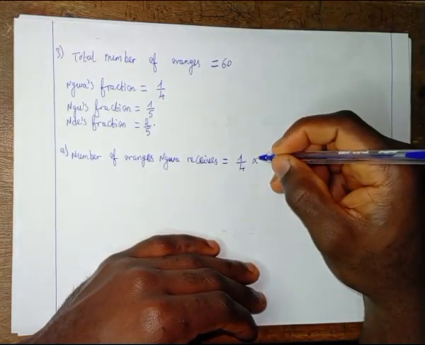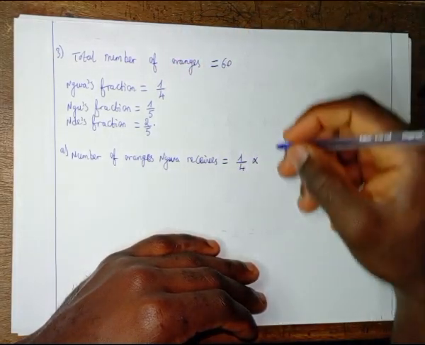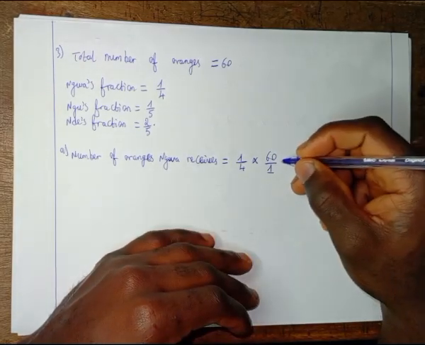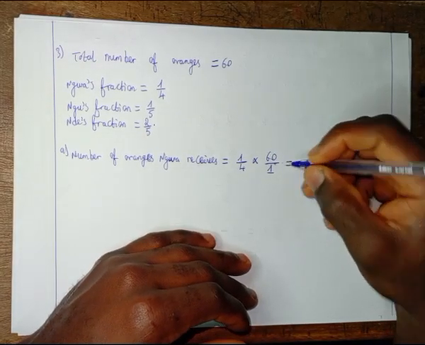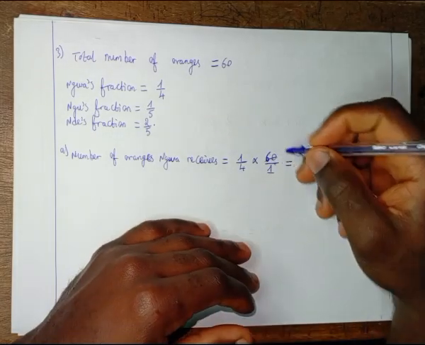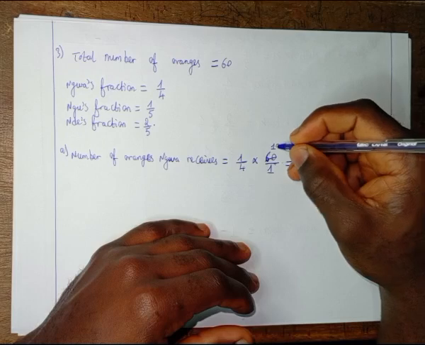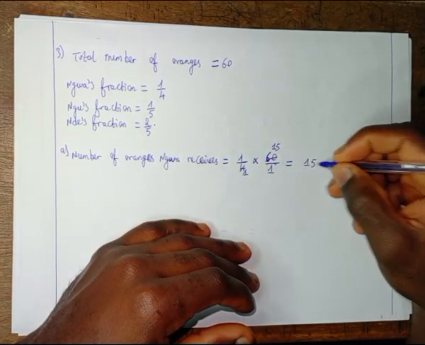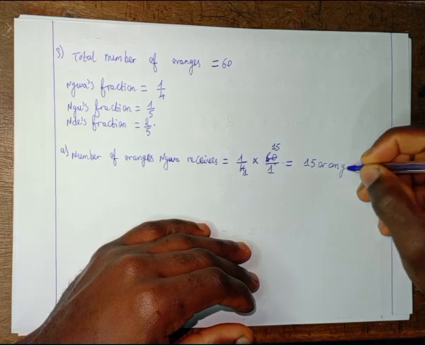We multiply it by the total number of oranges, 60. 1 over 1. So this will give us, you can simplify this. 4 going to 60, 15 times, 4 going to 4 1 time. So this will give us 15 oranges.